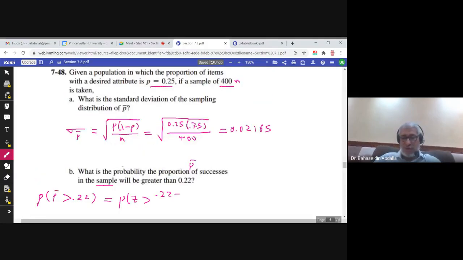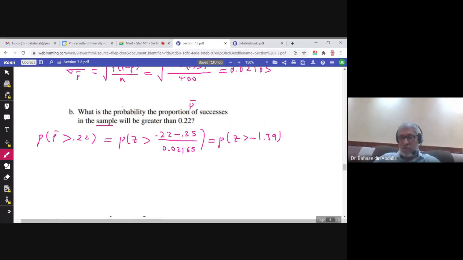P is 0.25. Divide by sigma P bar, which is 0.02165. You use the calculator to evaluate this, and now you have a value in Z, which is Z greater than -1.39 if you round to 2 decimal places.